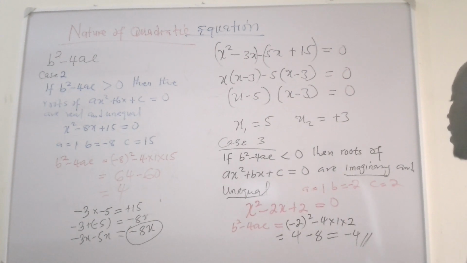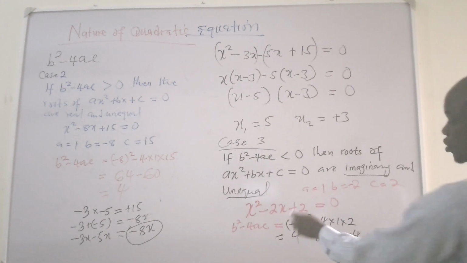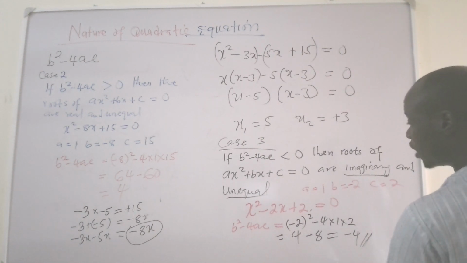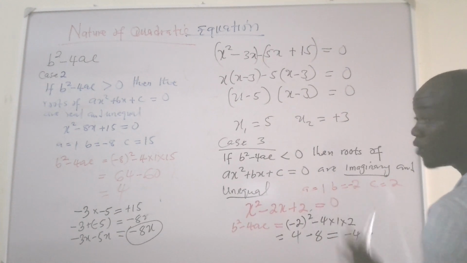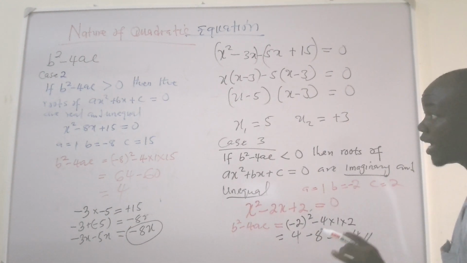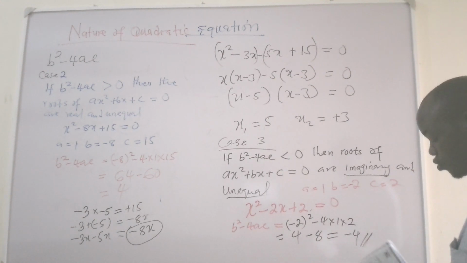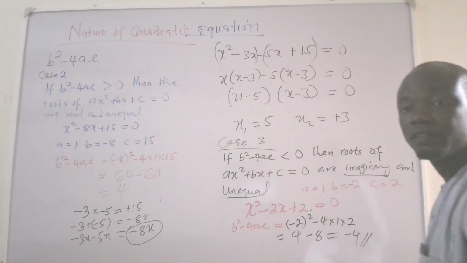So the only way, if you have this kind of imaginary and unequal roots, is to apply the formula method. So let's now apply the formula method and see what we are going to get.